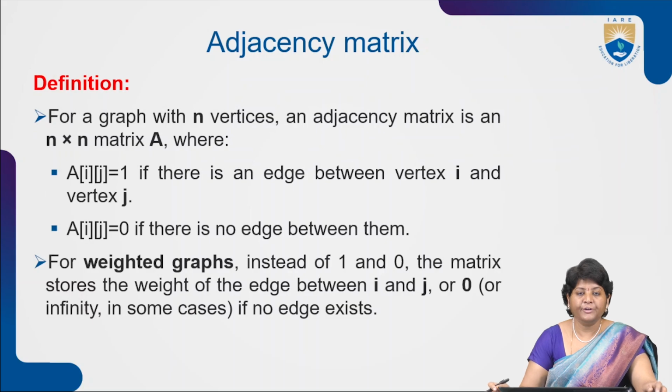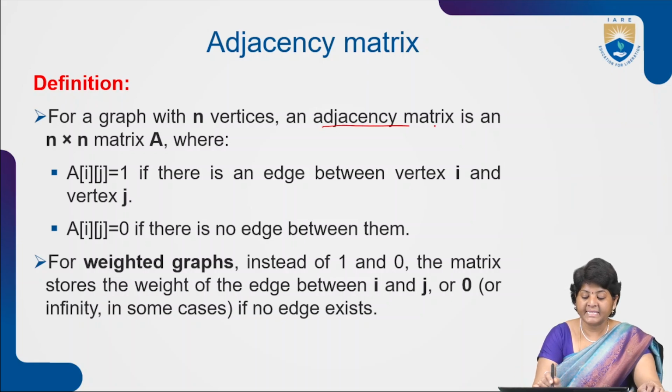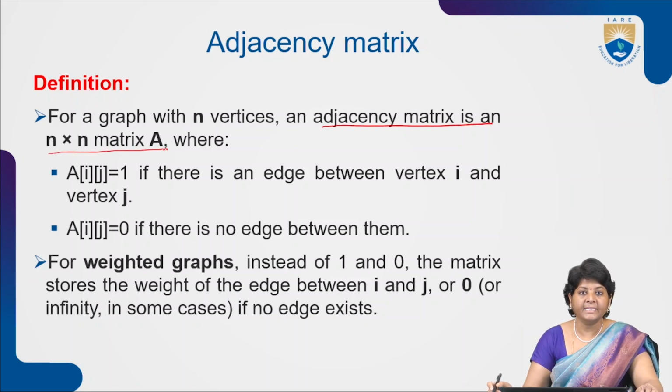Going through the definition of the adjacency matrix: for a graph with n vertices, an adjacency matrix is an n cross n matrix A. Since I took 3 vertices in my previous example, instead of n cross n, we replace n with 3, so that is a 3 cross 3 matrix.